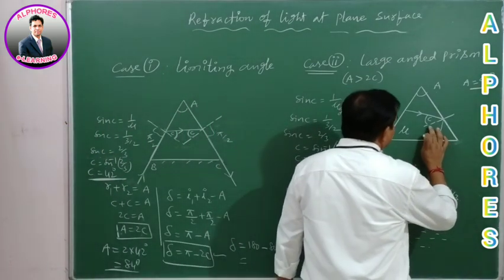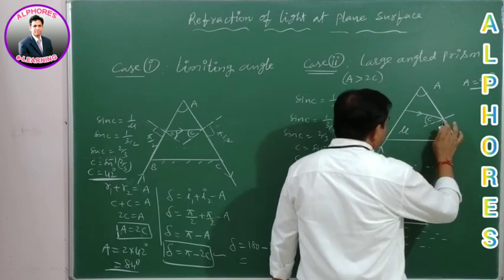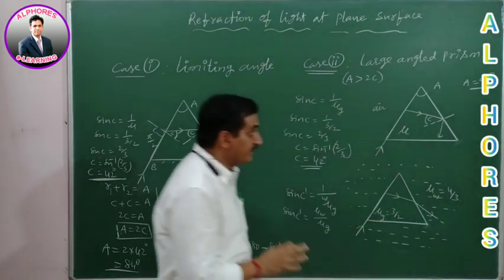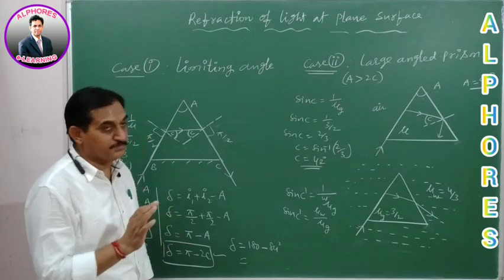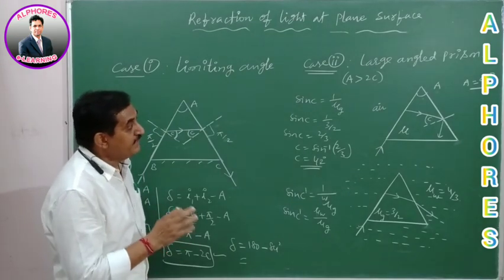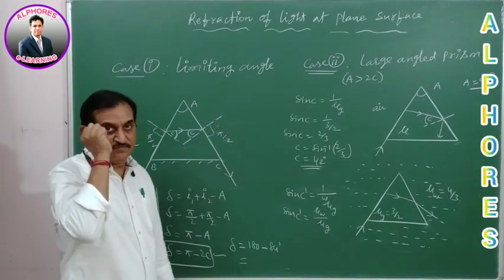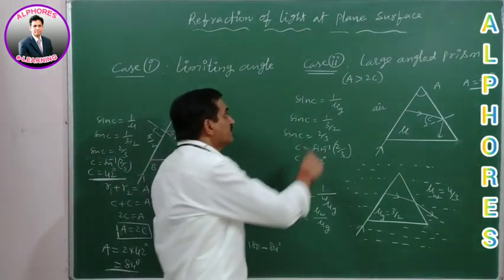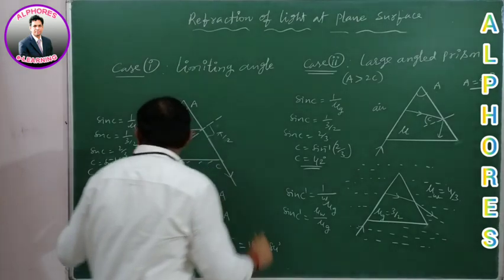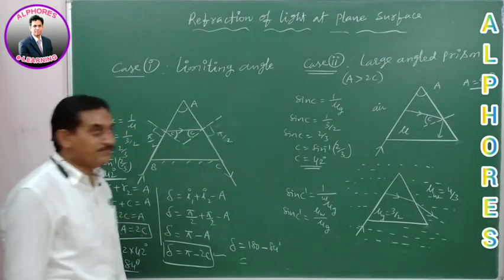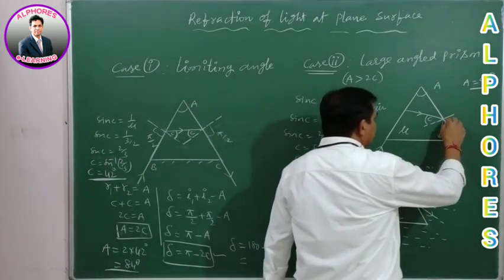Let us consider grazing at the second refracting surface. Suppose there we can find the critical angle. So we can estimate the critical angle at the second refracting surface. We know that the critical angle is estimated already over here, 42 degree. For 42 degree, grazing will start.